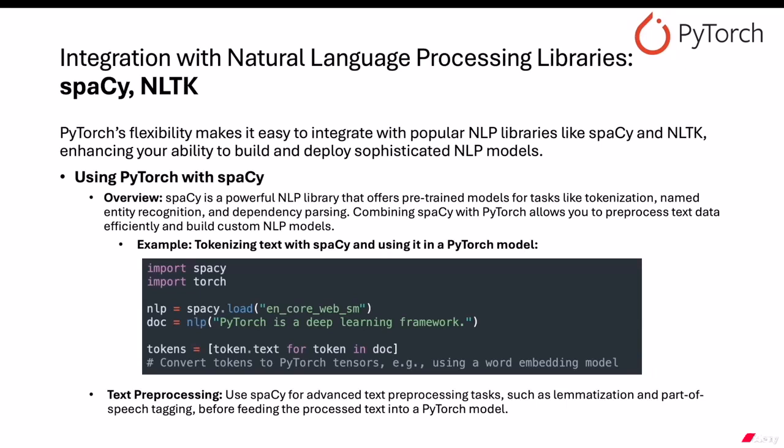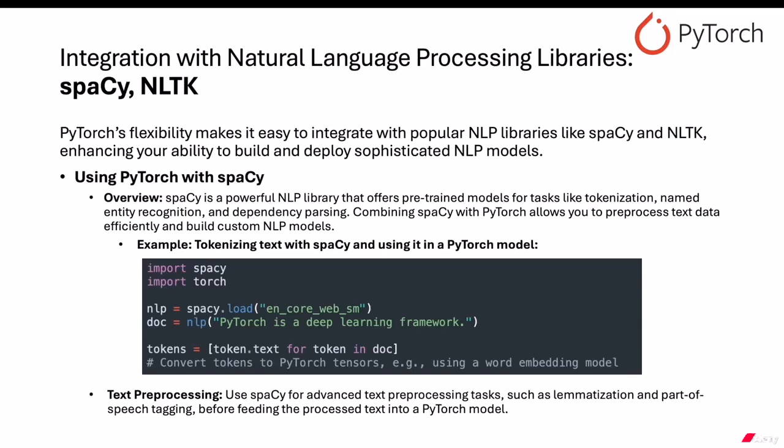Using PyTorch with spaCy. spaCy is a powerful NLP library that offers pre-trained models for tasks like tokenization, named entity recognition, and dependency parsing. Combining spaCy with PyTorch allows you to pre-process text data efficiently and build custom NLP models.